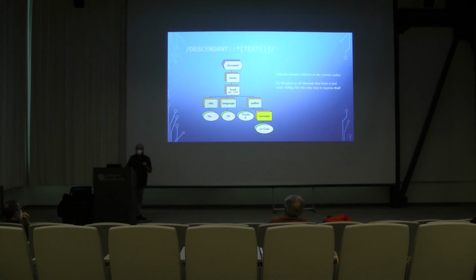Or, sorry, have a sibling that's a text node. That's not the only way to do that query. There are other ways you could write this. I could explicitly, rather than using these predicates, say, go to all of the text nodes, find their siblings that are elements. And that would find the same set of nodes here.